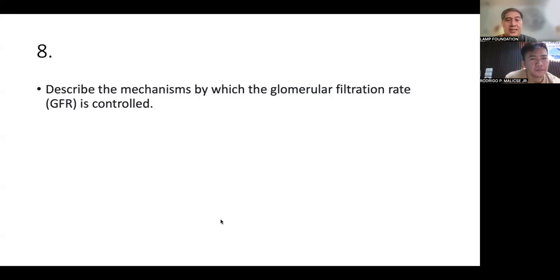Describe the mechanisms by which the GFR is controlled. A is autoregulation: decrease BP, decrease GFR, and decrease GGA, dilation of the afferent arterioles, increase NFP, increase GFR.